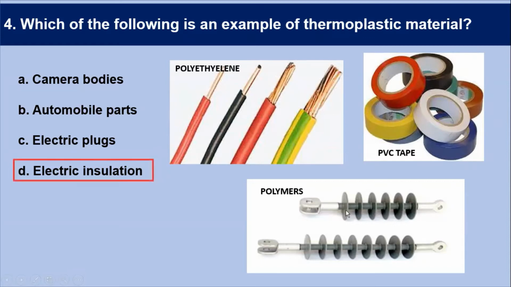And for high voltage, polymer insulators are used. It means polythene, PVC, polymers, all these are examples of thermoplastic materials. So that's why in this case your answer is D, electrical insulation, and mostly camera bodies, automobile parts or electric plugs are made up of thermosetting materials.